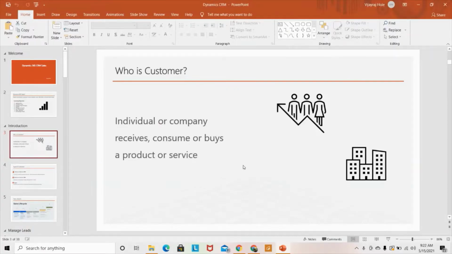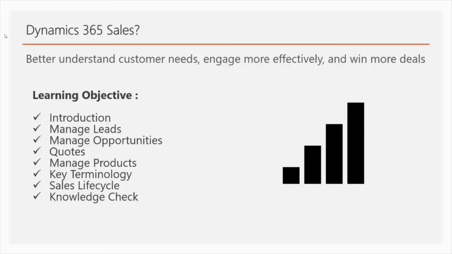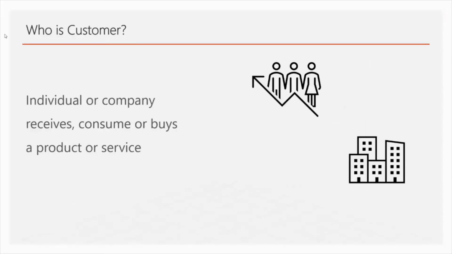Moving to some of the key terminologies. I'm just opening the slide. Before jumping into the sales module, let's understand some of the key terminologies in sales, or in business. First, who is a customer?